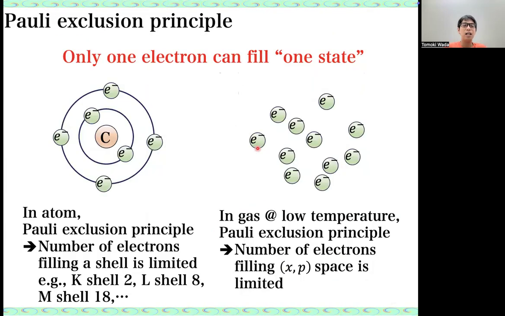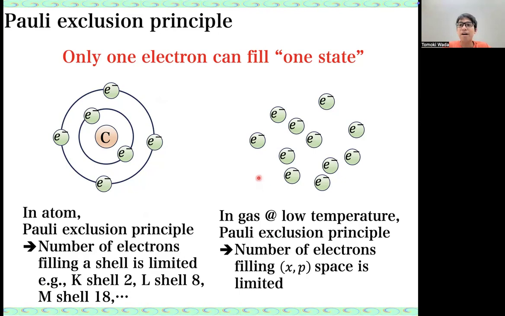And the other important topic in quantum mechanics is the Pauli exclusion principle. This says only one electron can fill one state. I think some of you know this principle used in chemistry. Let's consider atomic structures. In atoms, there are many orbits for electrons: K shell, L shell, M shell, and so on.